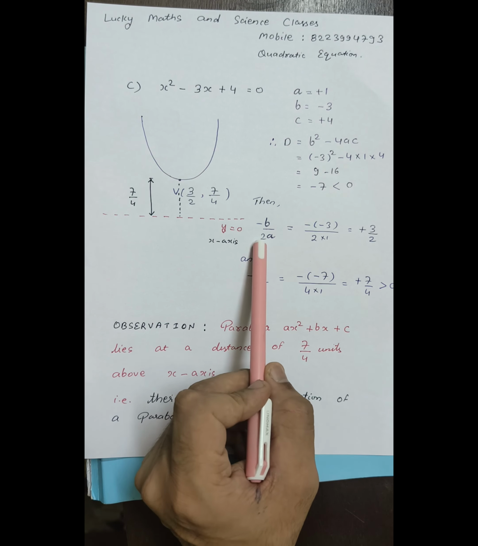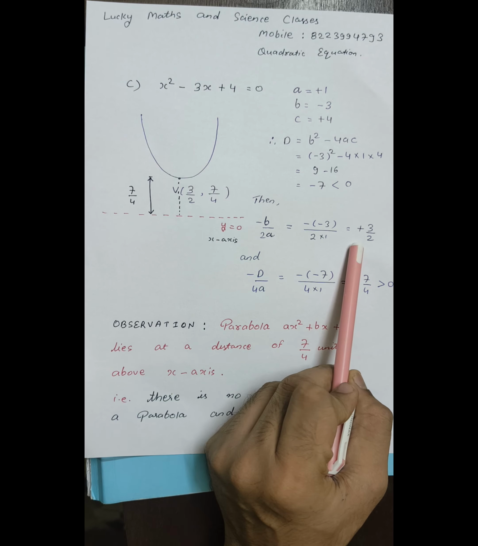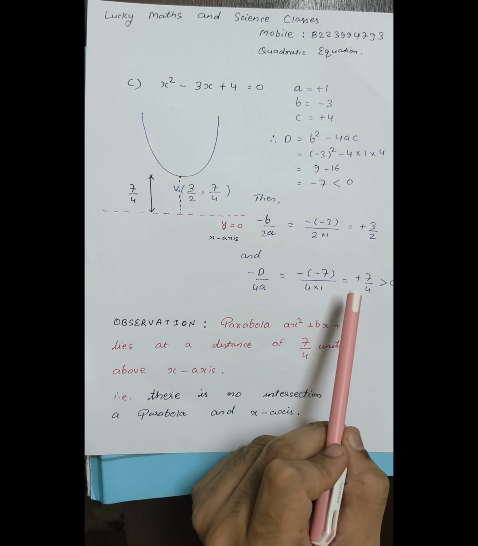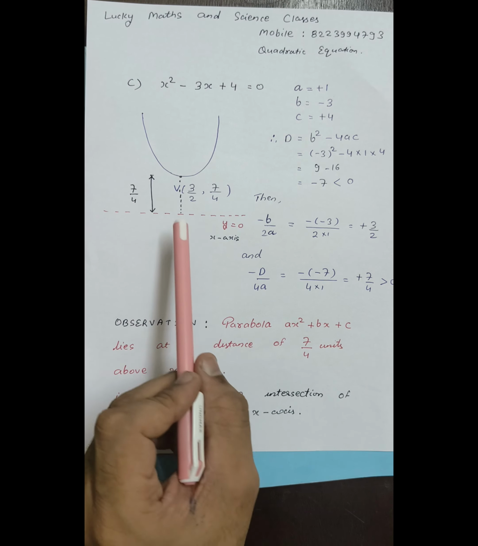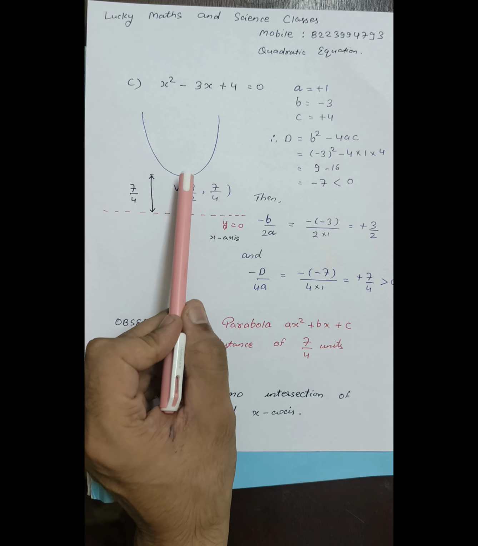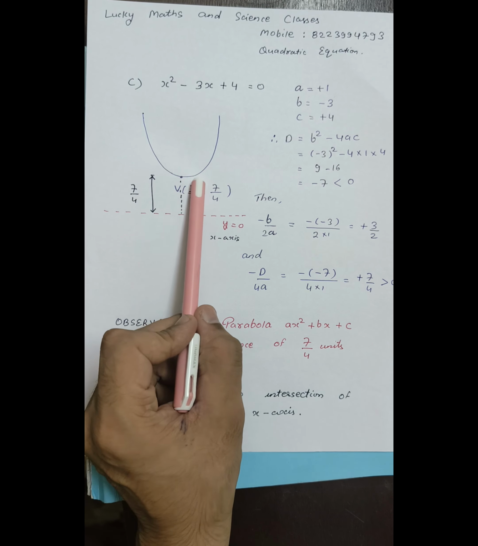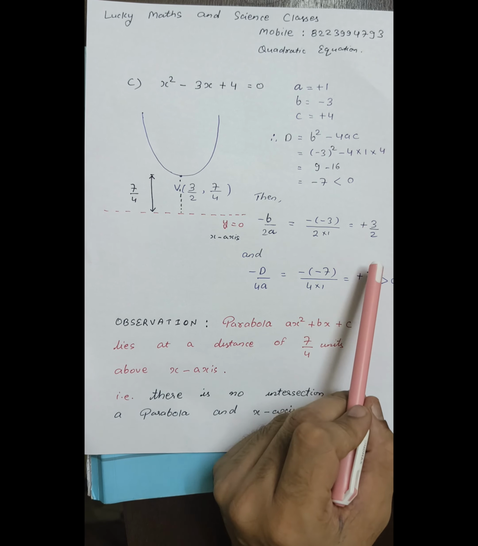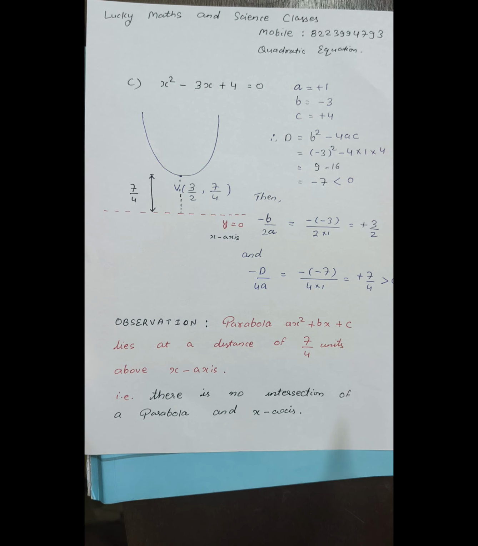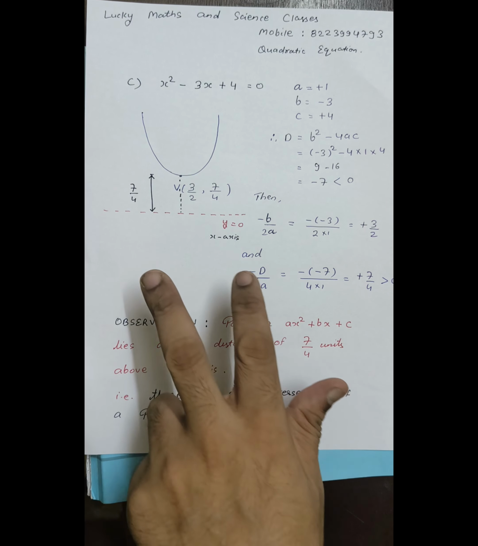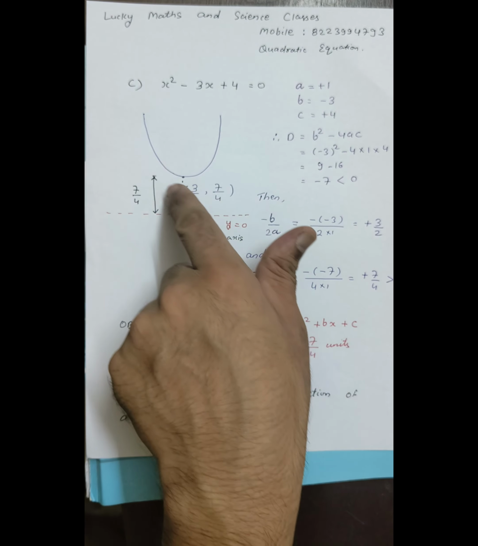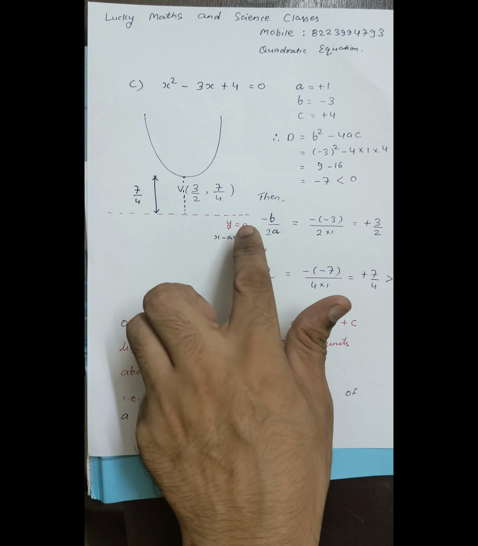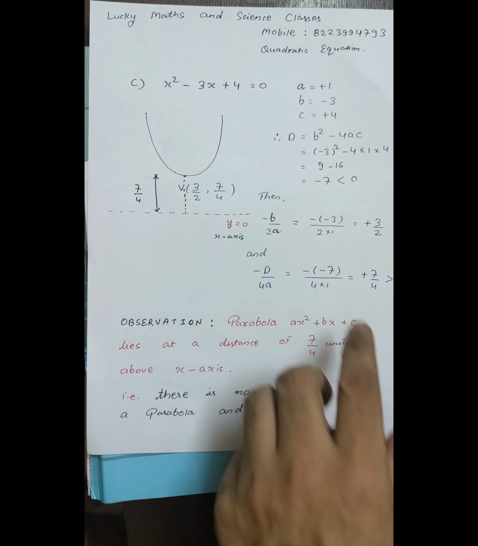Then minus b upon 2a is plus 3 by 2, minus d upon 4a is plus 7 by 4. As you observed clearly, this particular parabola is not intersecting the x-axis.